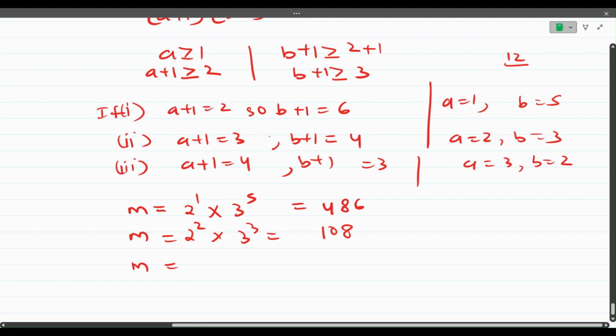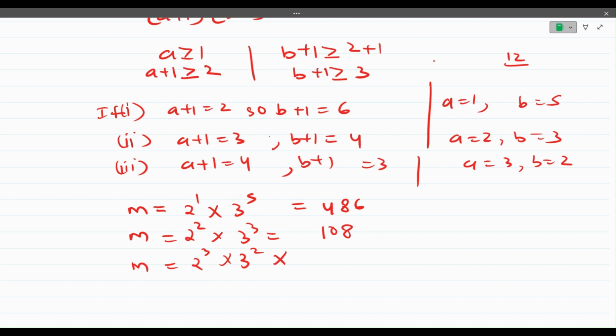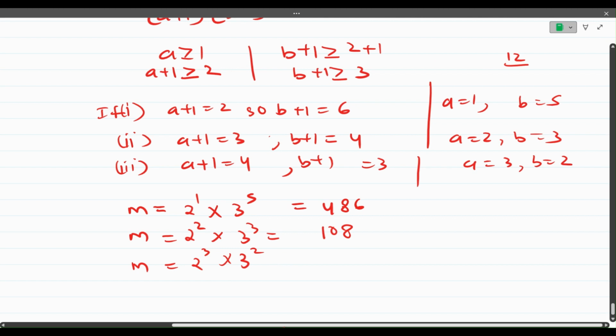Or we can say 2 to the power of 3 times 3 to the power of 2, that's 8 times 9, which is 72. So here, if m has only two factors, less than 500, three numbers are possible.